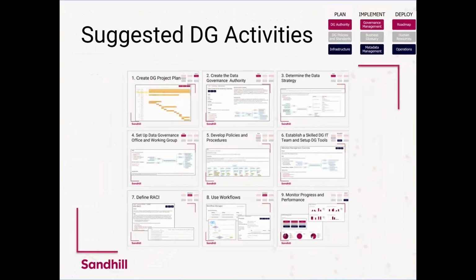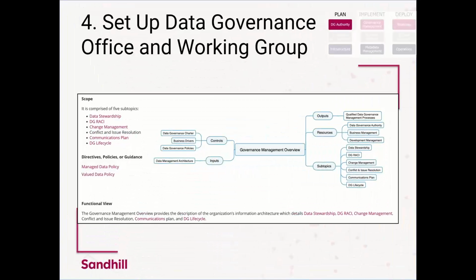In the next step, what we have to do is set up the data governance office itself, and that's the working group. Here, the data governance lead enforces the policies which have been created. It's their responsibility to enforce these and to coordinate between the different groups which are involved and responsible for actually doing the work.